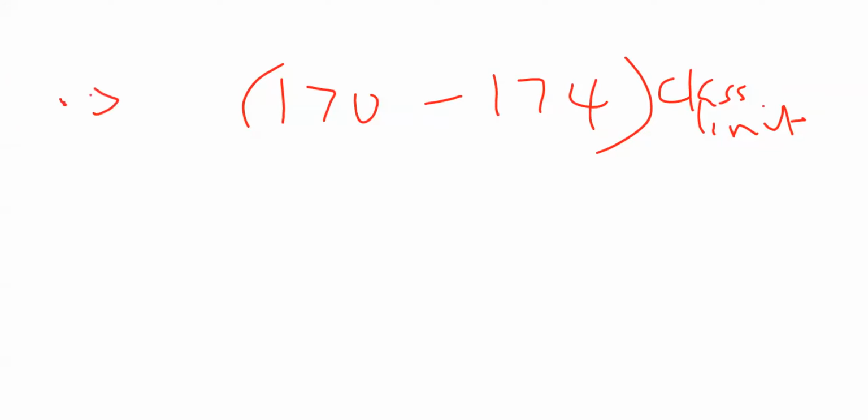0.5 because 170 and 174 are all whole numbers. Because they are whole numbers, subtract 0.5, one decimal. If they are two decimal, you subtract 0.05. But for now, when you take away 0.5 from 170, you are bound to get 169.5.